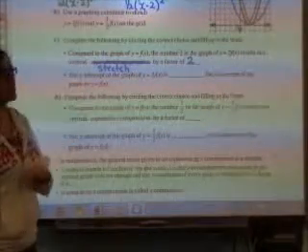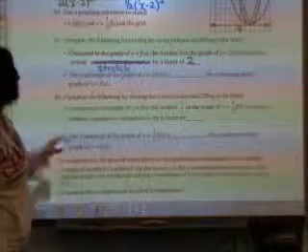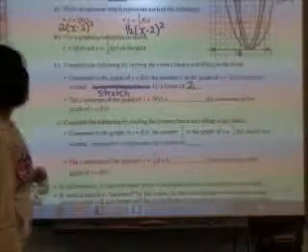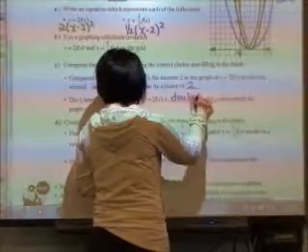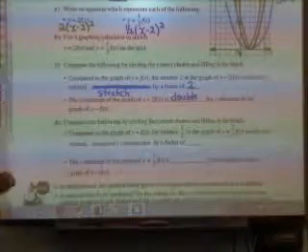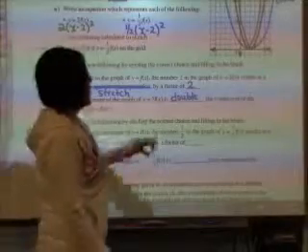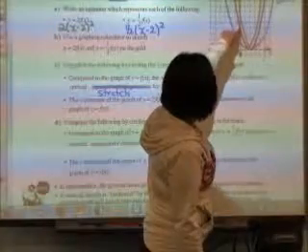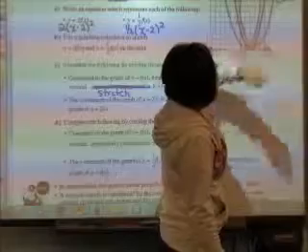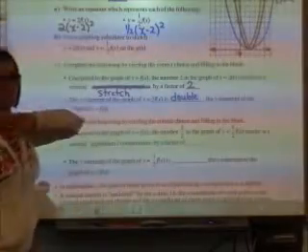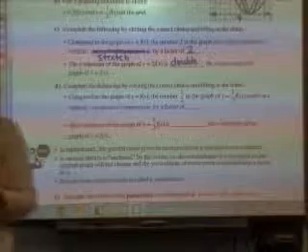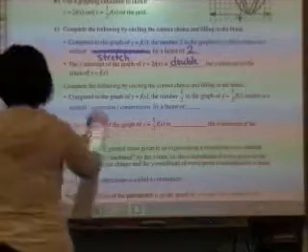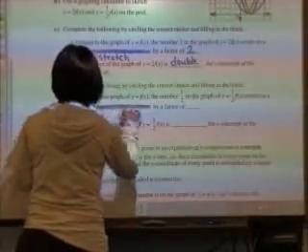The y-intercept of the graph is double the y-intercept of the original. So in this graph, the y-intercept was 4. In my green graph, it's 8. When I go to 1/2, again, we do not use the word expansion and compression.